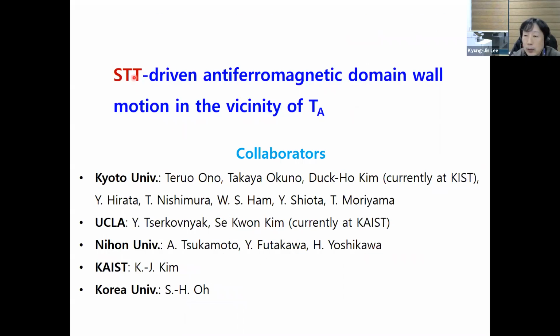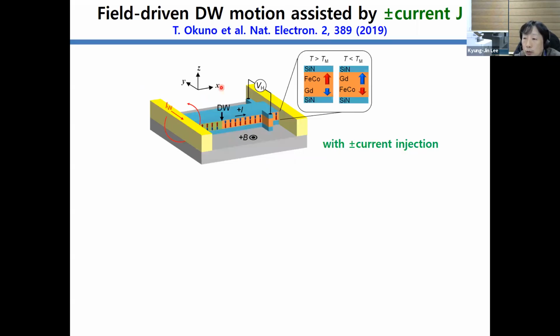The next one is spin transfer torque-driven antiferromagnetic domain wall motion in the vicinity of angular momentum compensation point TA. This work has been done in collaboration with Kyoto University, UCLA, Nihon University, KAIST, and my group. And this one is very similar to the first topic, field-driven domain wall motion, because we used almost exactly the same setup, except we now inject current in the presence of the magnetic field.